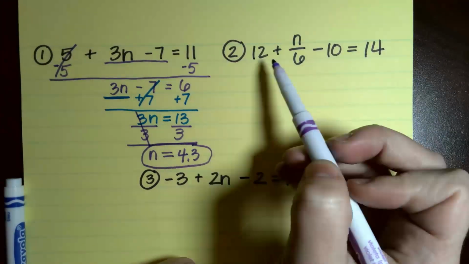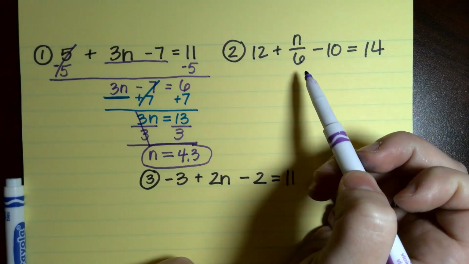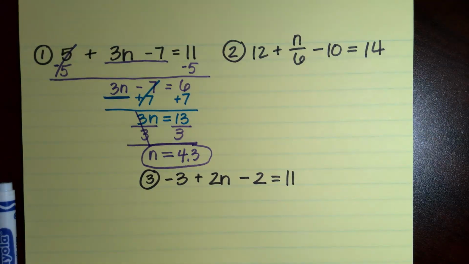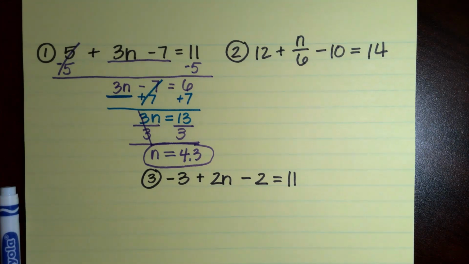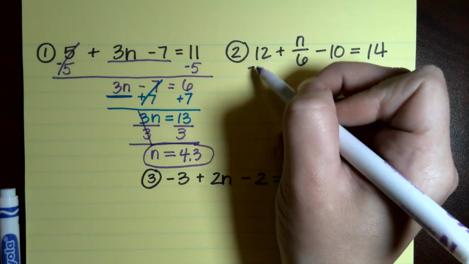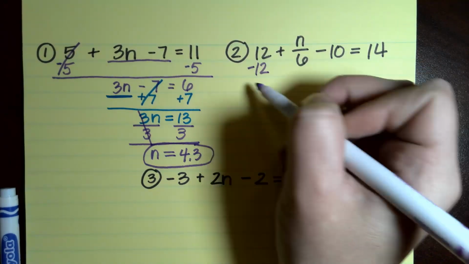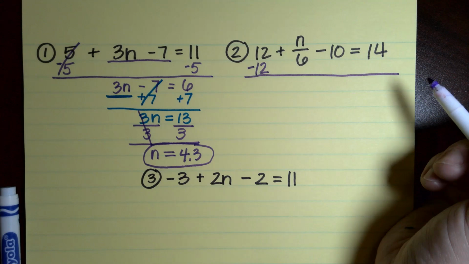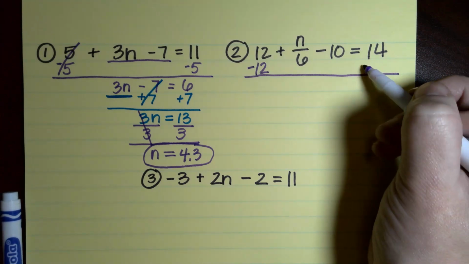We have 12 plus n divided by 6 minus 10 equals 14. What should we do here first? We've got 2 options first. Yeah, let's go ahead and subtract 12 to get rid of plus 12. Where else am I going to subtract 12? 14. Good.